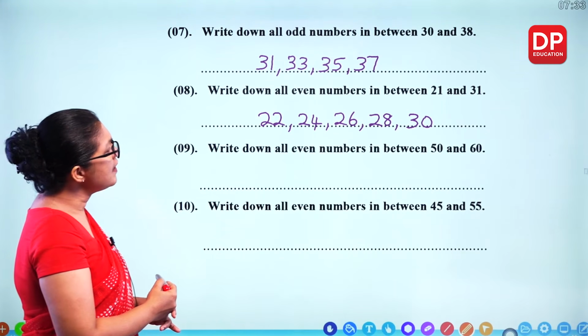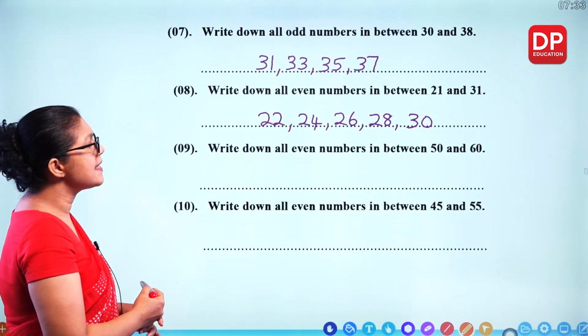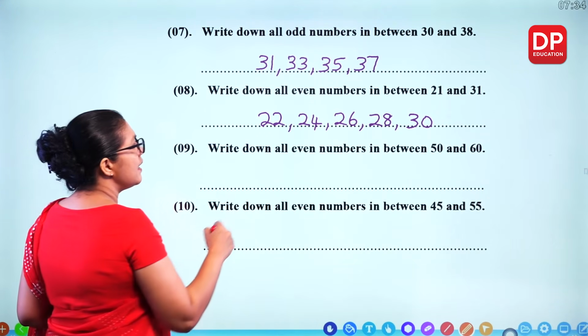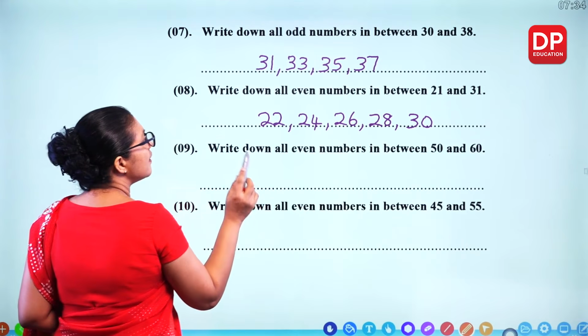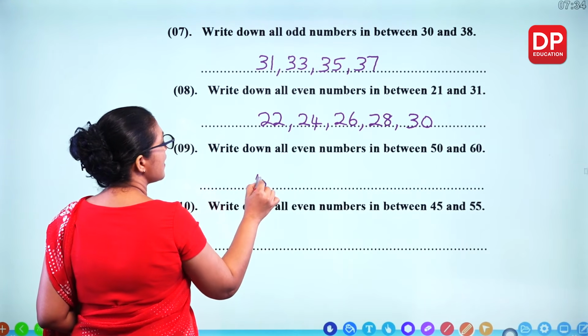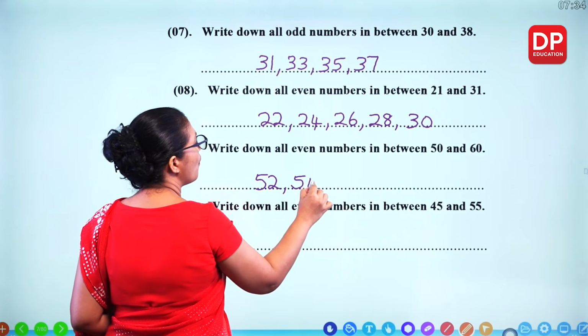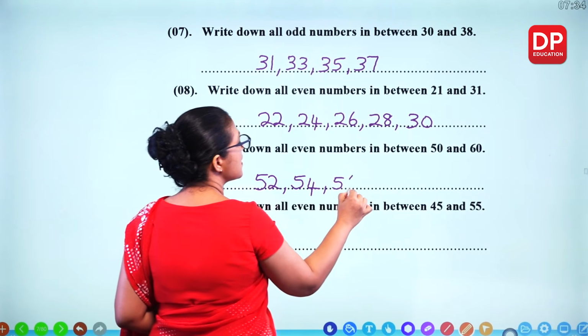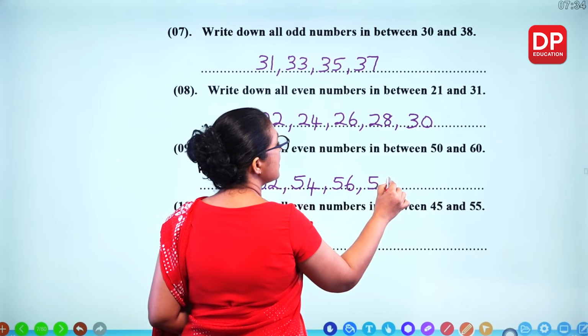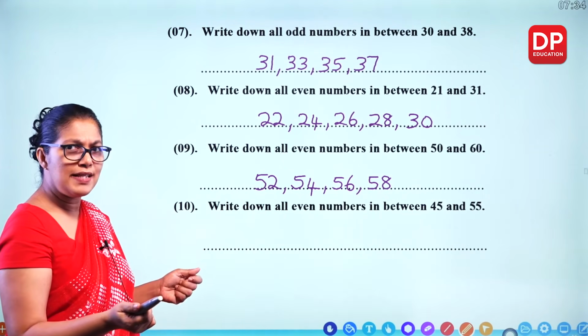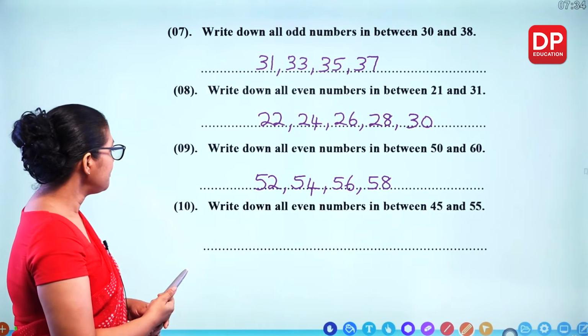Write down all even numbers in between 50 and 60. In between means we can't take 50. So we can start with 52, 54, 56, 58, and you can't write 60. In between means you can't.